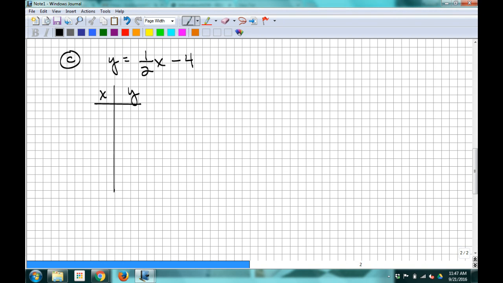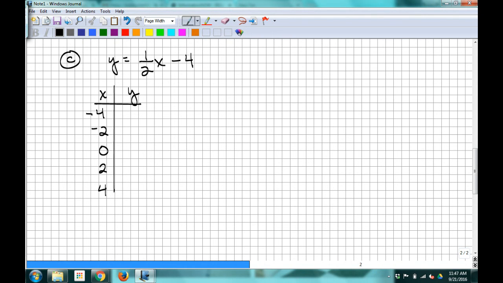So if it was a 3 on the bottom, you'd look for numbers like 9, 6, and 3 that are divisible by that. So I want to go a couple of negative ones. I can still use 0, and then a couple of positive ones. So I'm going to use -4, -2, 0, 2, and 4. That's going to make the math easier on us.